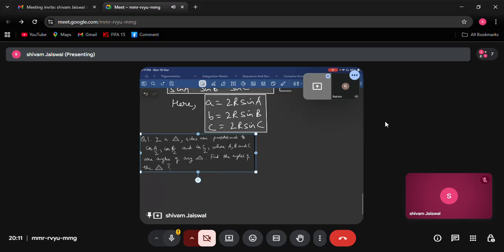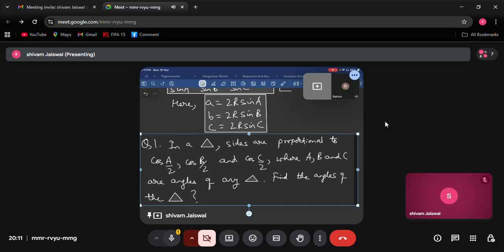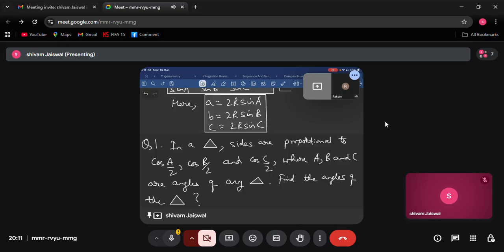In a triangle, the sides are proportional to cos A by 2, cos B by 2, and cos C by 2, where A, B, and C are angles of the triangle. You need to find out the angles of the original triangle. Solve.